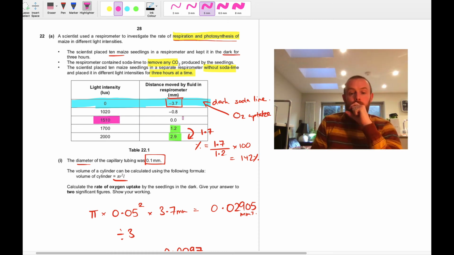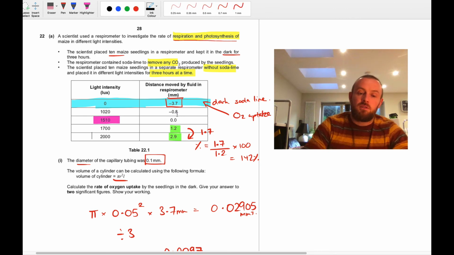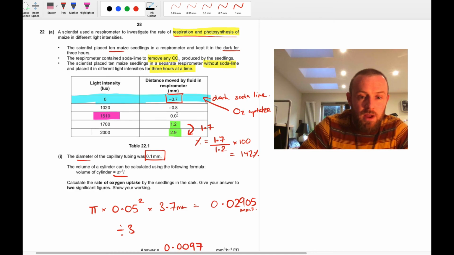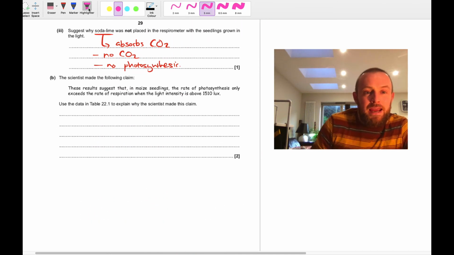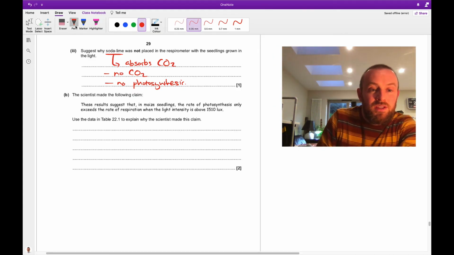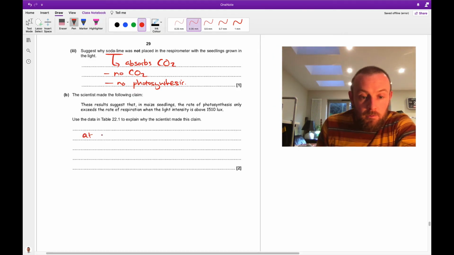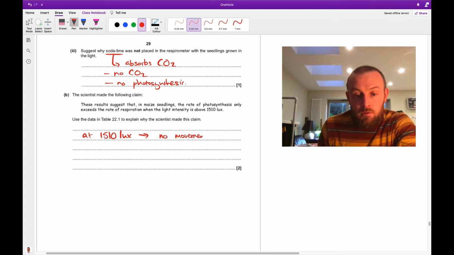So at this point, there is no gas being produced. I think this actually is one of the rare occasions where this is a good claim. So at 1510 lux, and you do have to say lux, no movement of the bubble, so therefore no net production of gas.